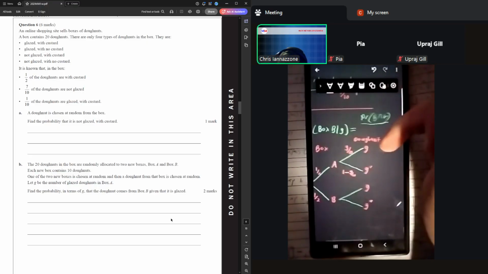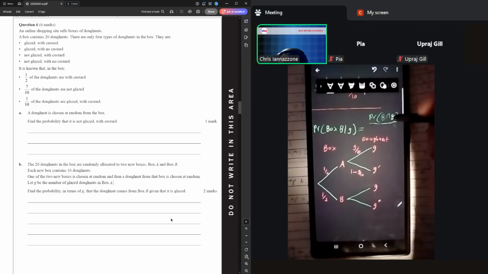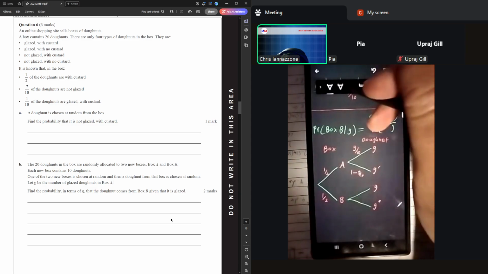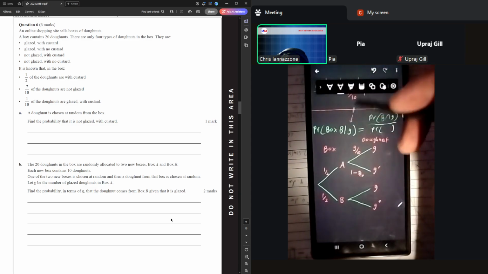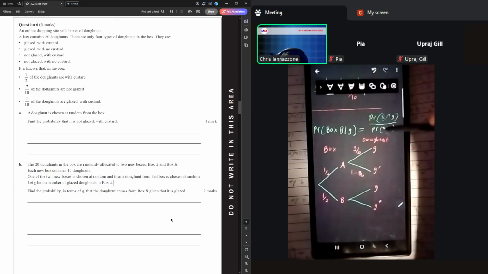The other part of the conditional is the conditional itself, so divided by the probability of glazed.